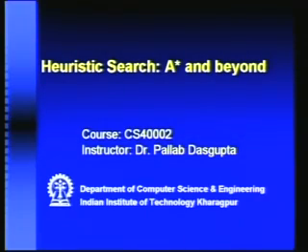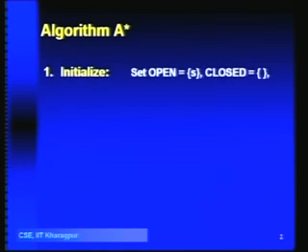We will continue with our discussion on A star and heuristic search in general from this class onward. The topic of this lecture is heuristic search: A star and beyond. So quickly to recap what we had done in the last class, we studied the algorithm A star which maintains two lists, open and closed, and also two functions.